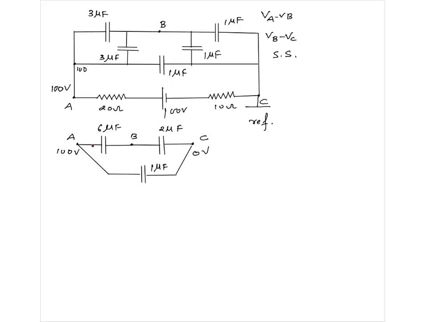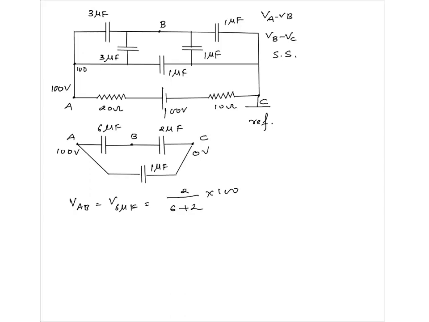When you have two capacitors in series, then we have a direct result to find the potential difference across any one. So VAB, which is the same as V of the 6 microfarad capacitor, would depend on the other capacitor, upon C1 plus C2 multiplied by 100.